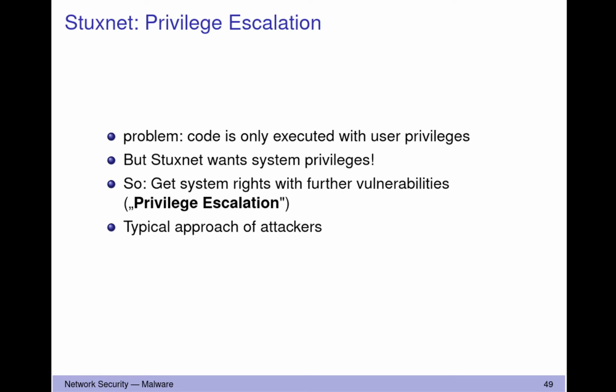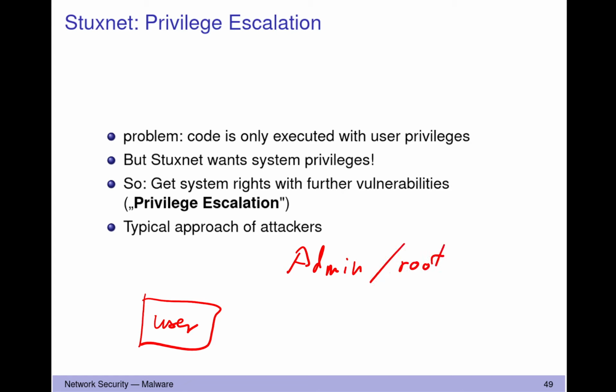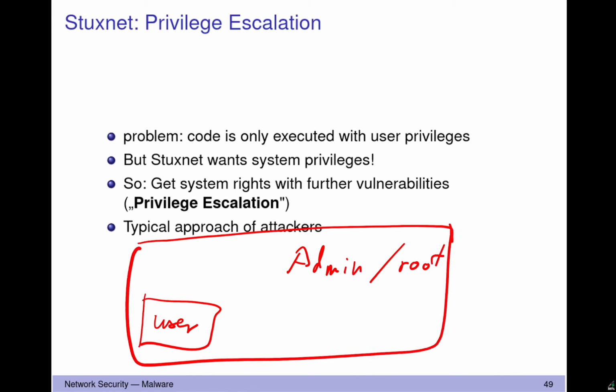So this is the next step. There are typically two types of users: the regular user and the admin, or root, admin in Windows, root in Linux. The administrative users typically have more rights, especially on the CPU.